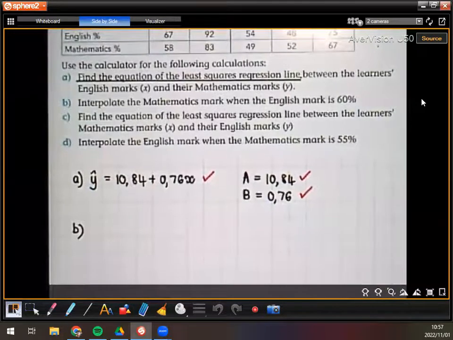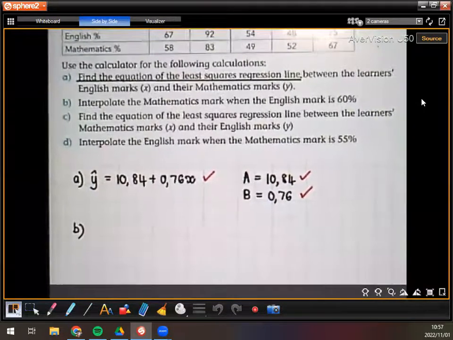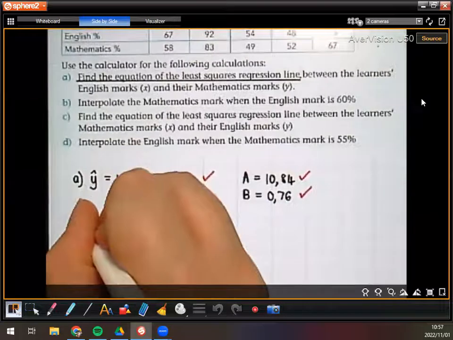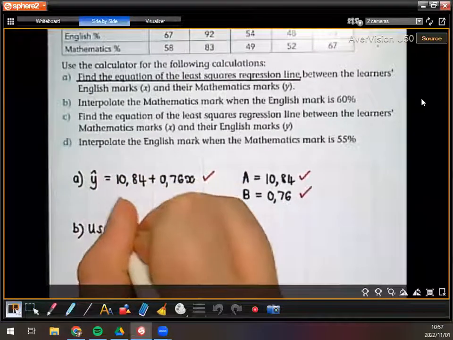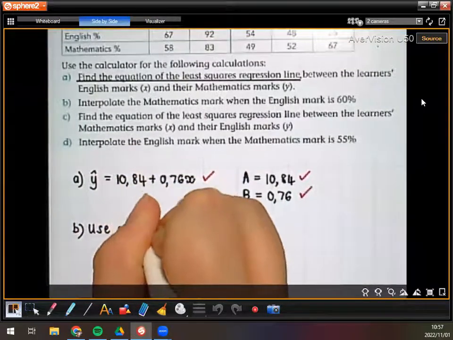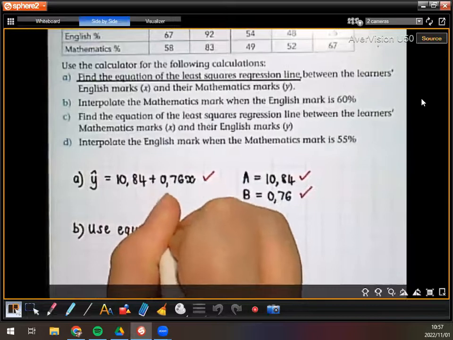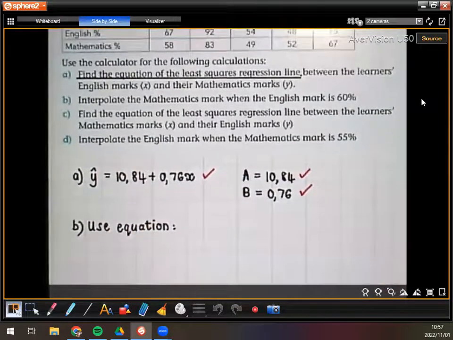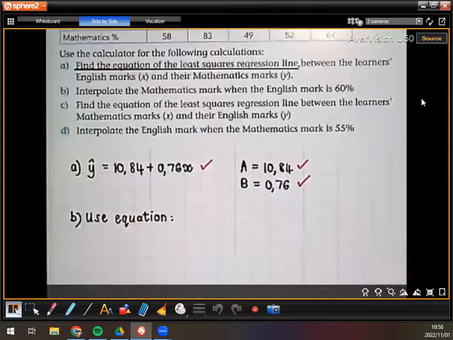All right. So we can do the same thing that we did in the previous exercise. We can use the equation that we got. So let's just check.